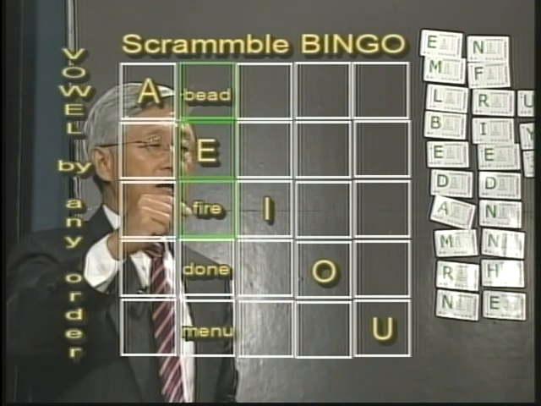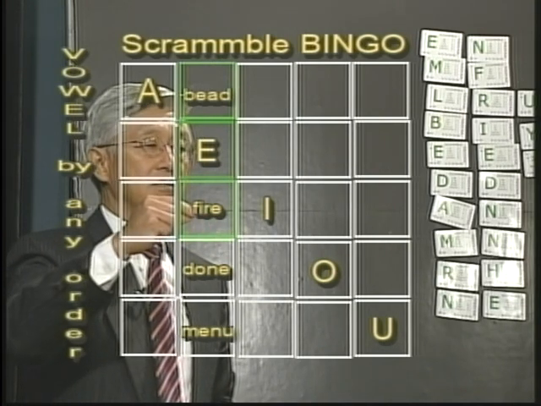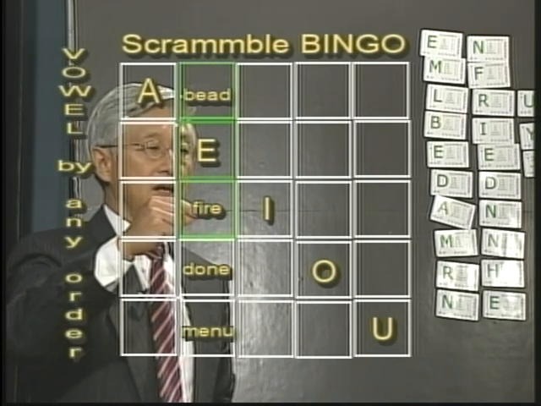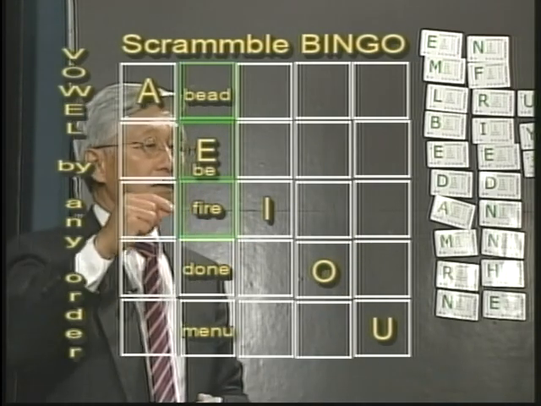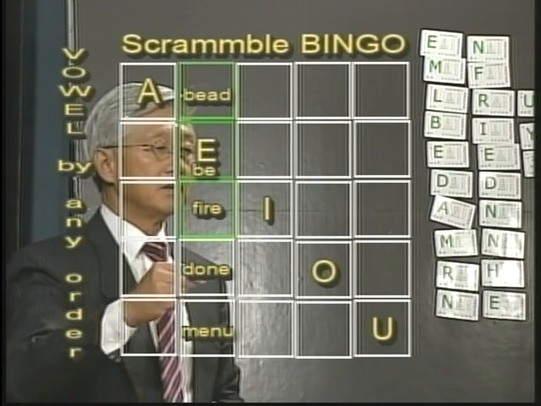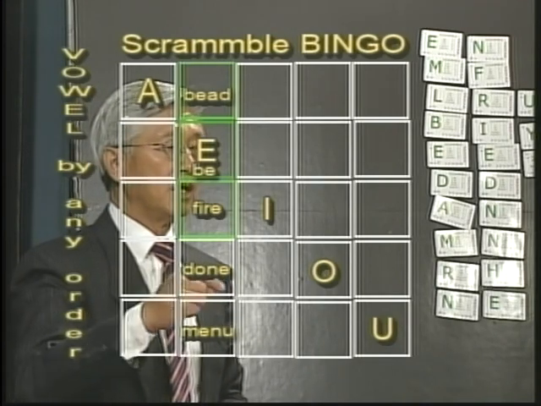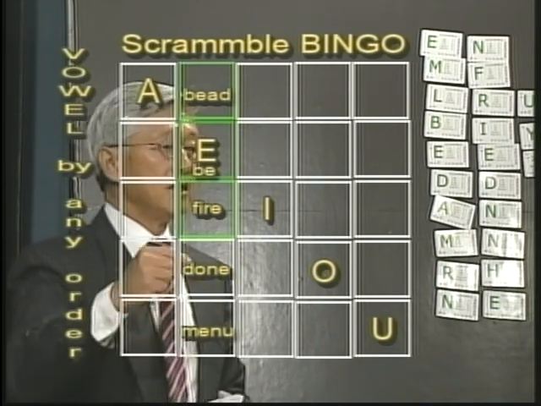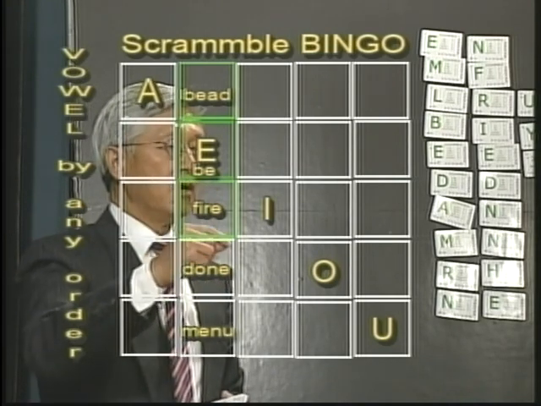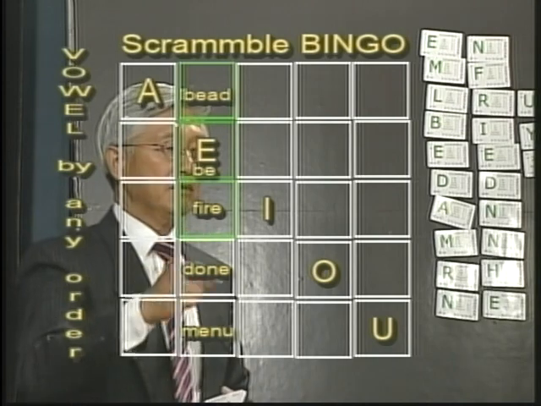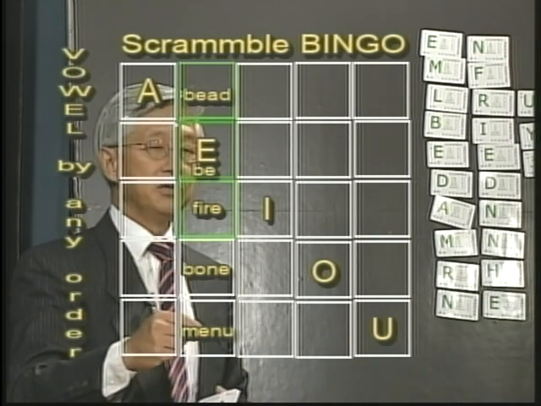Third word, F-I-R-E, fire, satisfies that. R is there, F is there, right? Fourth one is bone, B-O-N-E. Of course, B-E is reused from the word B-E there. So that's satisfied. And the last one, menu.